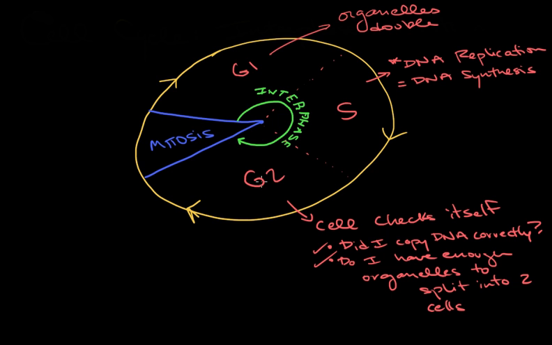So this is the cell cycle. I didn't label that for you. What this diagram is showing is a relative amount of time that a cell spends in interphase versus mitosis, and what happens in each part of interphase.